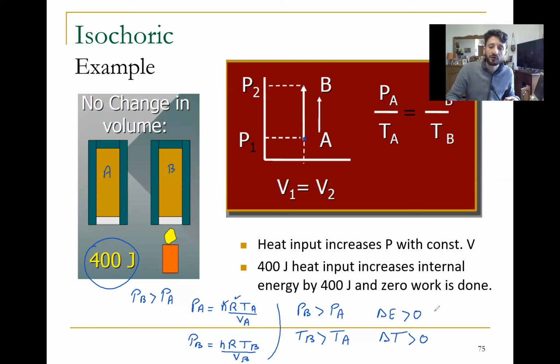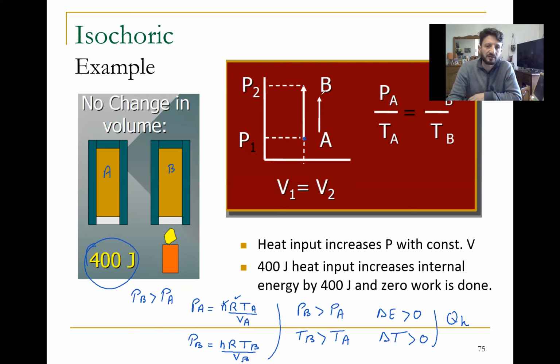And we have Q hot. You know, we add this quantity of Q. So look here. Now we understand very well PB, PA, the change of TB and TA. We have Q hot.